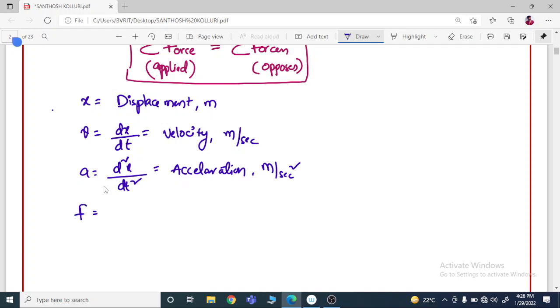If you apply a force, F is the applied force in newtons, and there are forces opposed by each parameter in the mathematical model.